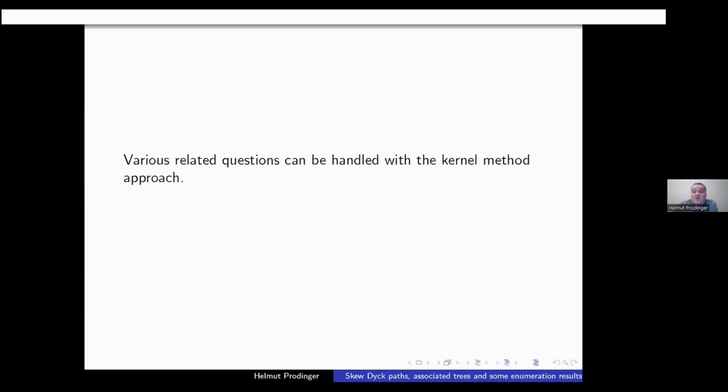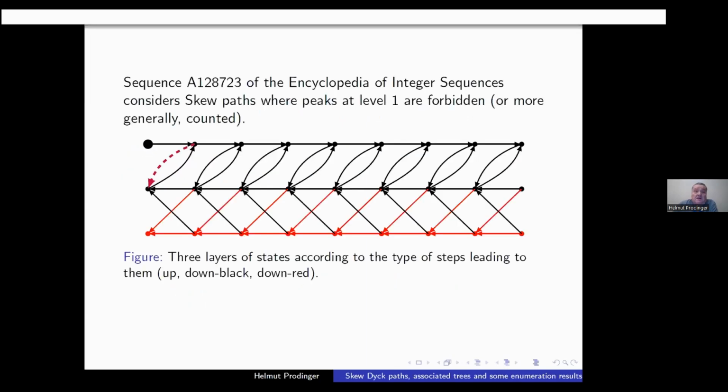Yeah, and now once we have this basic enumeration, we can think about various other things related to the skew Dyck path and the kernel method. So let's discuss one of them.